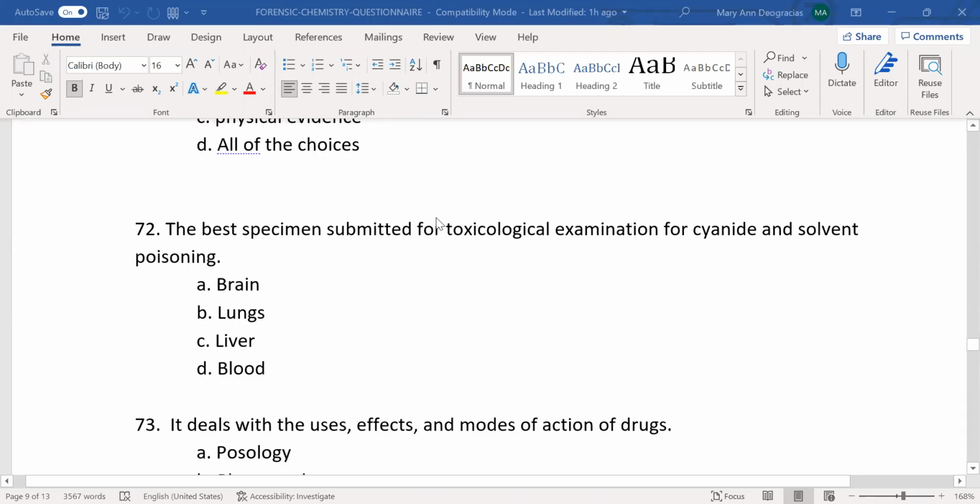72. The best specimen submitted for toxicological examination for cyanide and solvent poisoning. Anong sagot? A, brain, B, lungs, C, liver, D, blood. Solvent poisoning. Cyanide poisoning. It is letter A. Okay, brain.